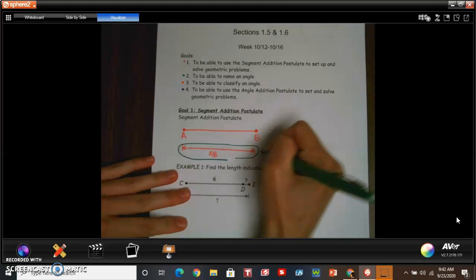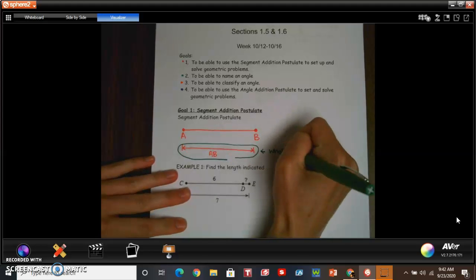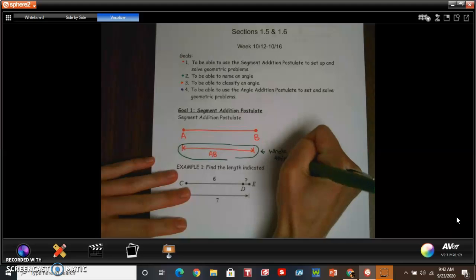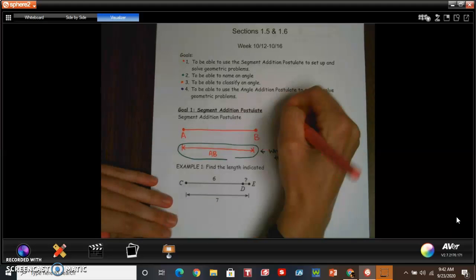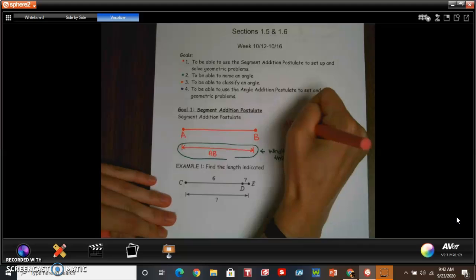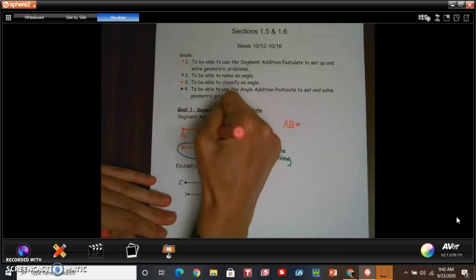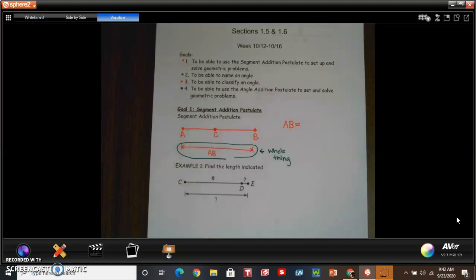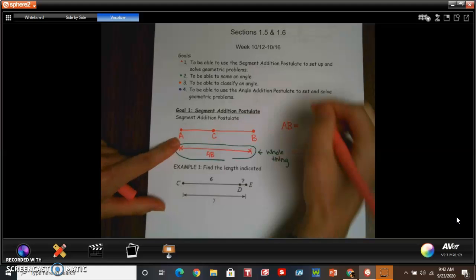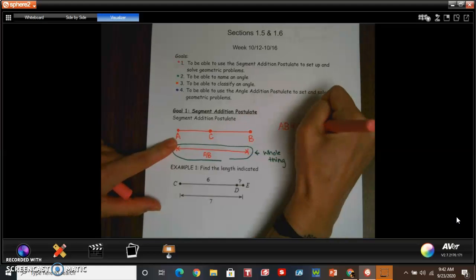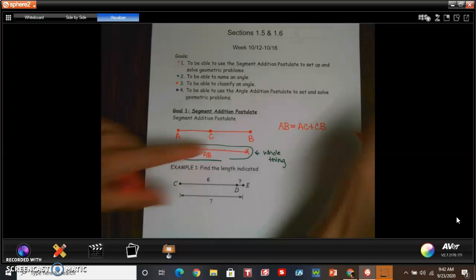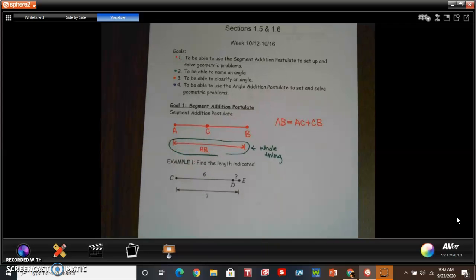This is the whole thing. All right, so we say, okay, AB is equal to, and then what you want to do is see what other bits of segment information you have. So like we have AC here plus CB.